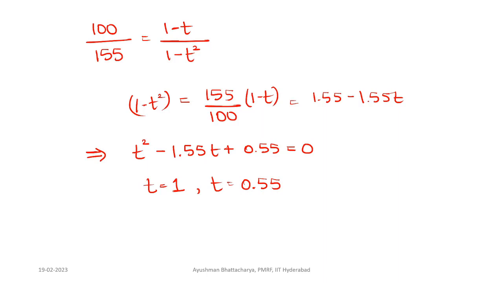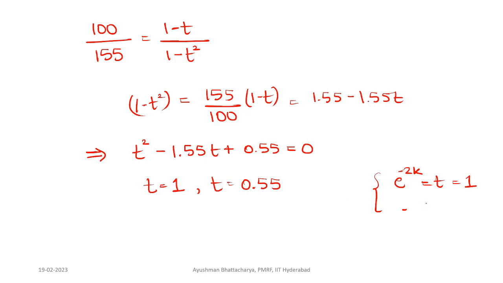We cannot take t equal to 1, because we have assumed e^(-2k) is equal to t. If we take t equal to 1, then minus 2k is ln 1, and ln 1 is equal to 0, which is not possible.